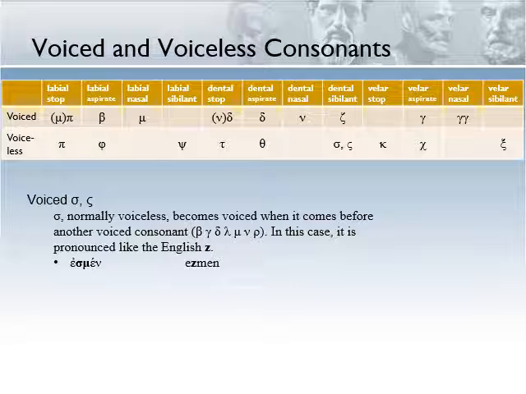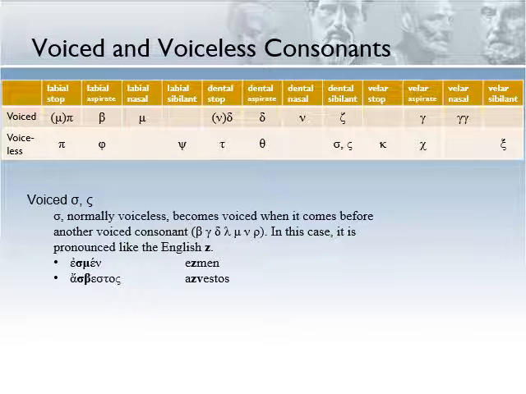Now, you might think that this would be pronounced S-men. But because the mu is voiced, it's going to cause that sigma to be pronounced more like a Z, and will sound like this: esmen. Again, the voiced quality of the mu is going to become attached to the sigma, make it be pronounced like a Z sound.